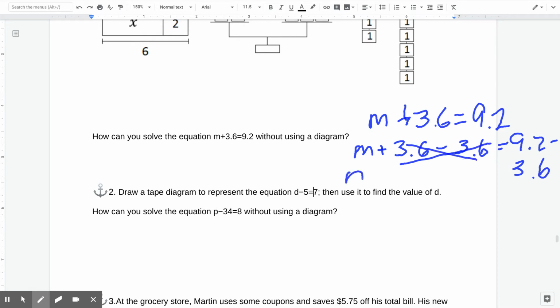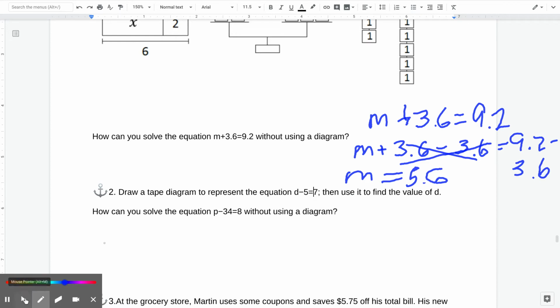And that'll give me just m on one side, 9 and 2/10 minus 3 and 6/10 over on the other side. So 5 and 6/10, if I've done all my work correctly.